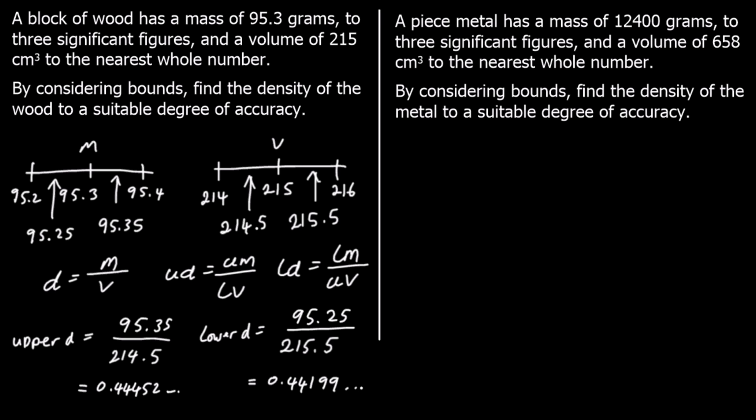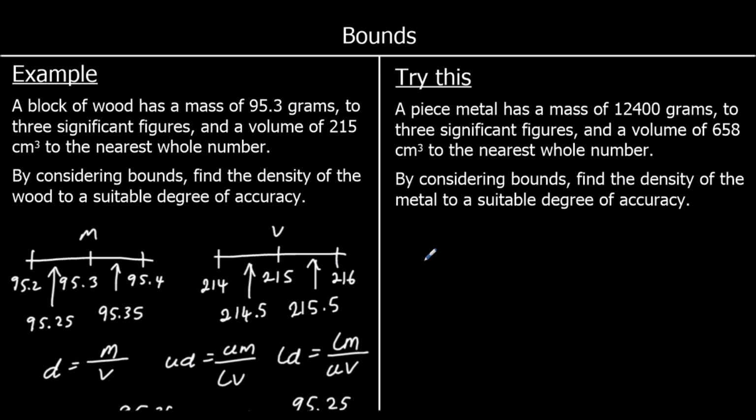Okay, one for you to try. So pause the video and give it a go. A piece of metal has a mass of 12,400 grams to 3 significant figures, and a volume of 658 centimeters cubed to the nearest whole number.